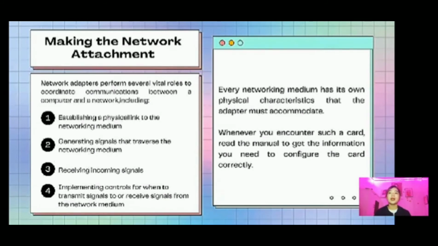And fourth, implementing controls for when to transmit signals to or receive signals from the network medium. Every networking medium has its own physical characteristics that the adapter must accommodate. Whenever you encounter such a card, read the manual to get the information you need to configure the card correctly.